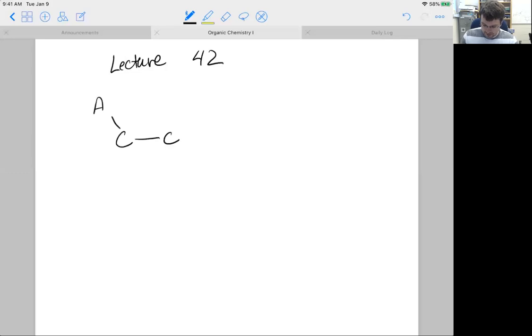I'm going to have a group A sticking up and to the left, then B, that's not boron, it's just some variable group. Let's make H. I like H better than C for this example, otherwise we have too many C's. So we have A, B, H, and then D, E, and F. Now what I want to do is convert this molecule to Newman.